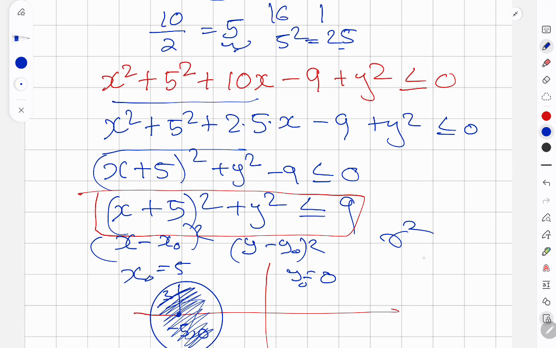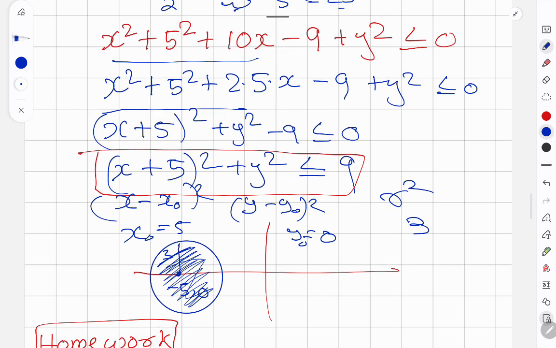So r square is 9, so the radius is 3. So I can draw it at the coordinate minus 5 and 0 with a radius 3. And since this is a less than symbol, this is the outer layer and everything is under this.